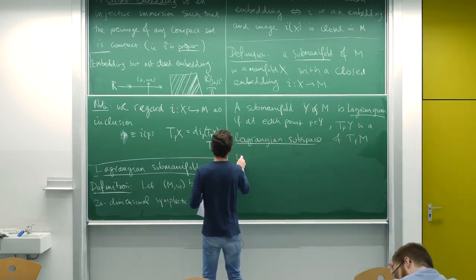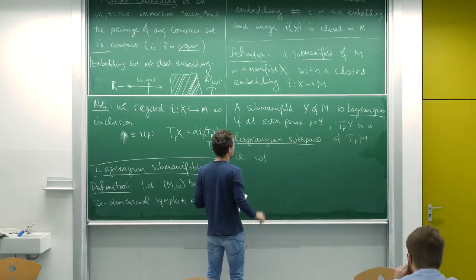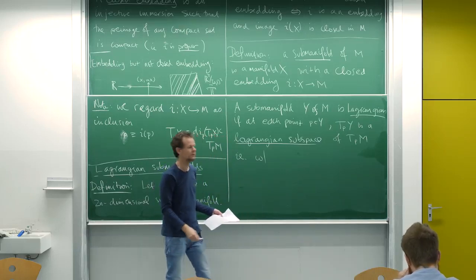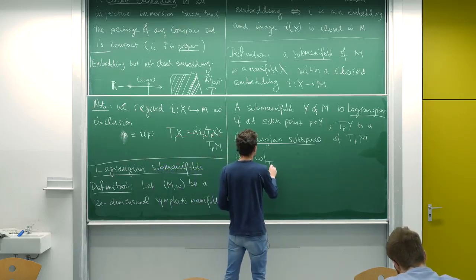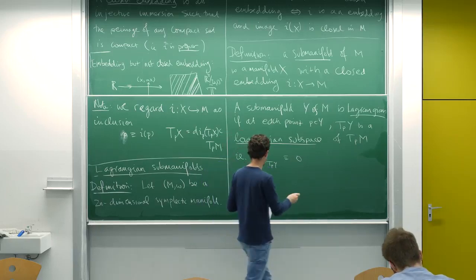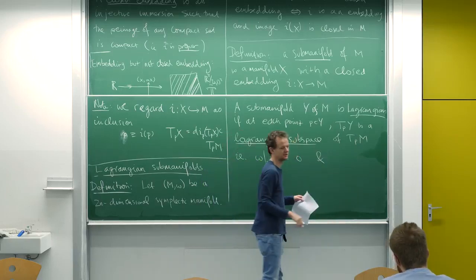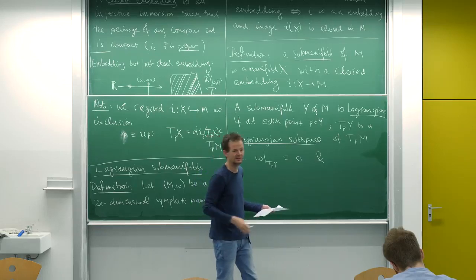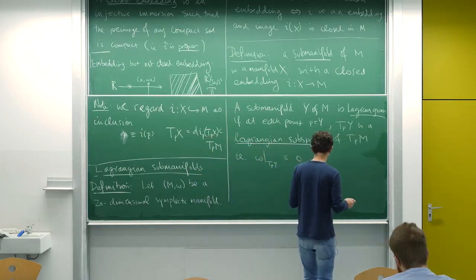Which means that if you restrict the symplectic form to Tp of Y, you get nothing. And furthermore, that just means it's isotropic. To make it Lagrangian, we need that it's the highest dimension possible.